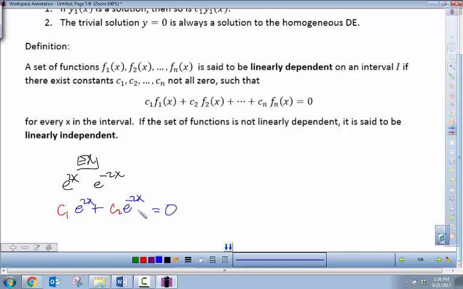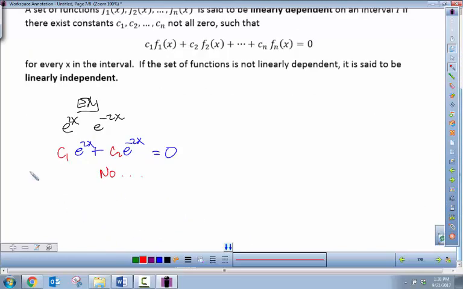Can I find C1 and C2 so that this would equal 0? Actually, there is one. What's the one? If C1 was equal to 0 and C2 was equal to 0, then that's the only way you can get that to equal 0.